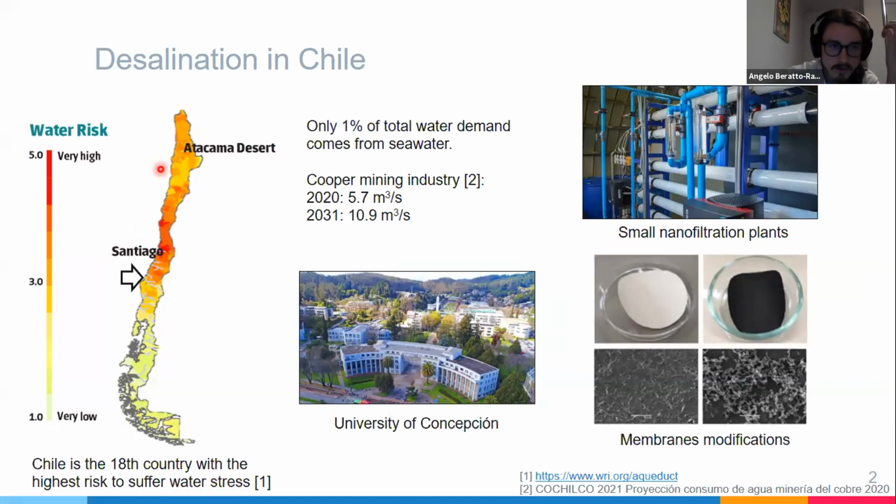And due to the long coastline the country has, it's an opportunity to use seawater as a fresh water source. However, only 1% of the total water demand comes from seawater. The industry is just emerging, but it's tending to increase. Just the copper mining industry projects to double its desalination capacity in the next 10 years.